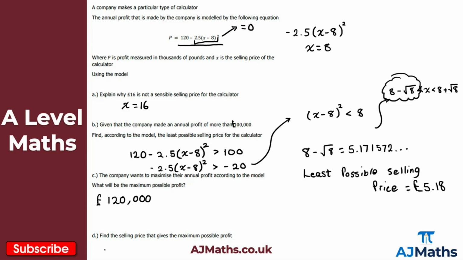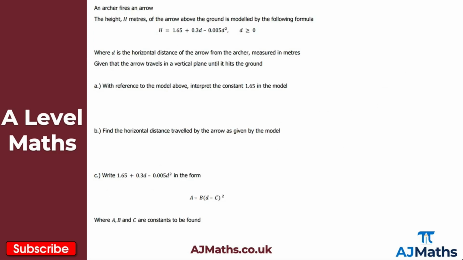So therefore, the selling price will be £8. So the selling price is equal to £8, and that gives us the maximum possible profit, which is £120,000. That's the solution to the second question.